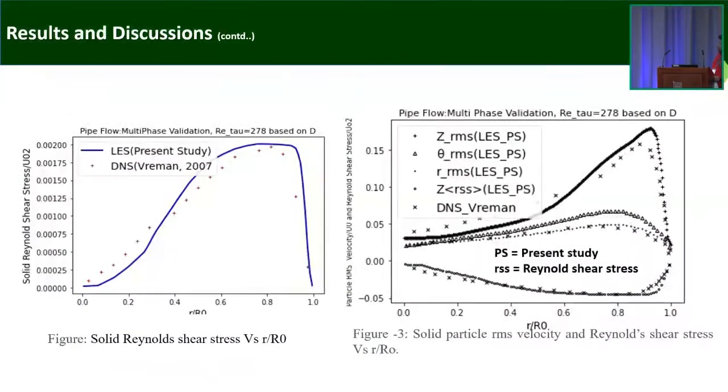And I accumulate all the RMS velocities and shear stress in a graph. Here also I can see, from the comparison with the DNS data of Bremen 2007, a fairly good agreement. However, I again say that with more averaging from a longer run, there will be a better agreement from now.